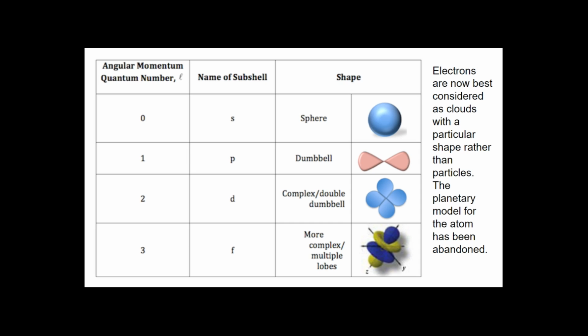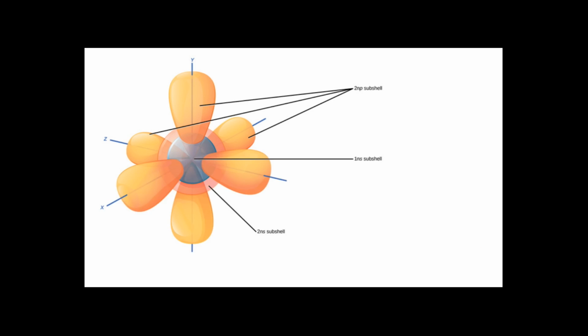But electrons are now best considered as clouds. So the first shell has an s, which is a cloud. This is also a cloud, so it's no longer a single particle, but a cloud occupying a volume. So the planetary model has been abandoned.